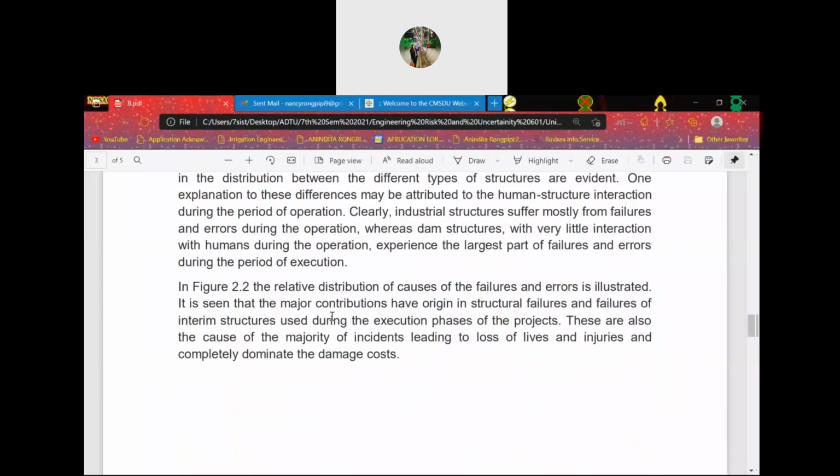In figure 2.2, the relative distribution of causes of the failures and errors is illustrated. It is seen that the major contributions have origin in structural failures and failures of interim structures used during the execution phases of the projects. These are also the cause of the majority of incidents leading to loss of lives and injuries and completely dominate the damage costs.